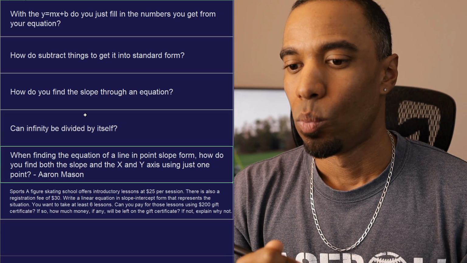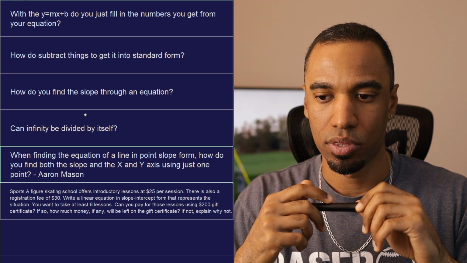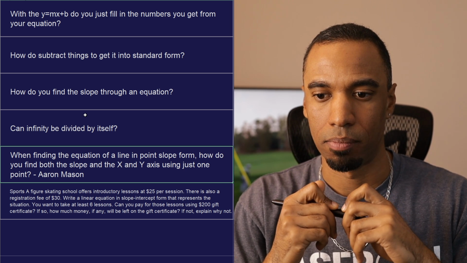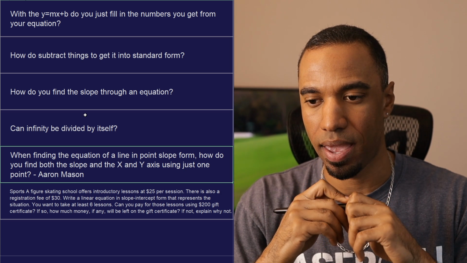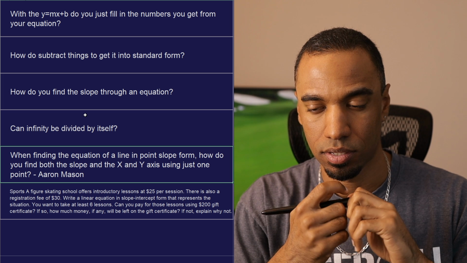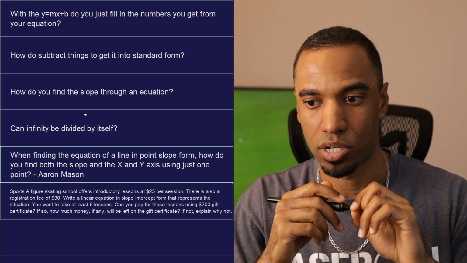Excuse me. When finding the equation of a line in point-slope form, how do you find both the slope and the xy axis using just one point? Aaron Mason. Okay. How do you find both the slope and the xy axis? Do you mean the intercepts? Do you mean when finding the equation of a line?